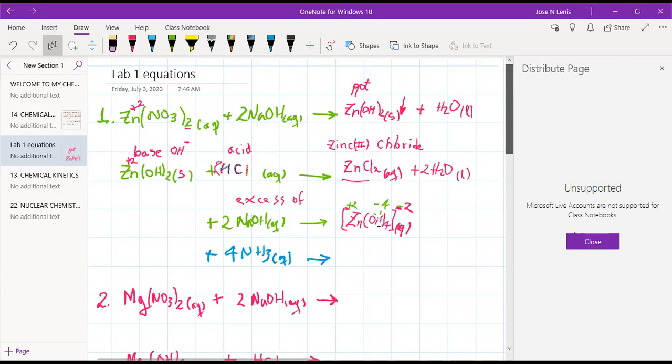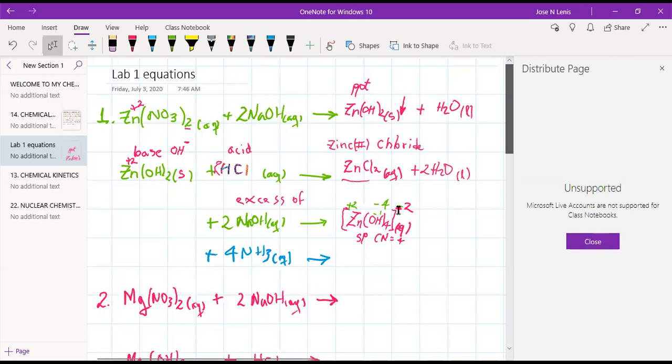And the shape of this complex is square planar. This is a square planar compound with coordination number. Coordination number for this complex is 4. That gives the square planar shape for the complex, which is soluble.